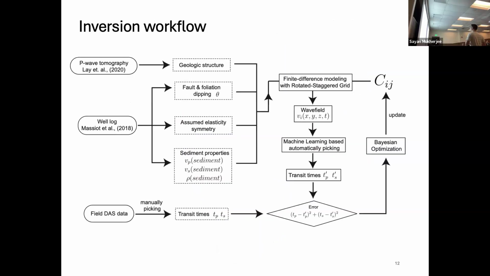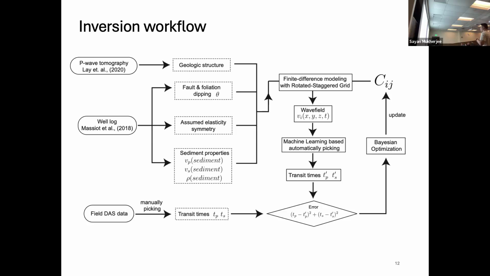And at this point, we have almost finished talking about how I formed this whole inversion workflow. So everything on the left-hand side, let's say the geological structure, is from P wave tomography, and we know the geometry of the geology, and we also know the sediment property from the well log, and we have 4 prototypes of elasticity symmetry.